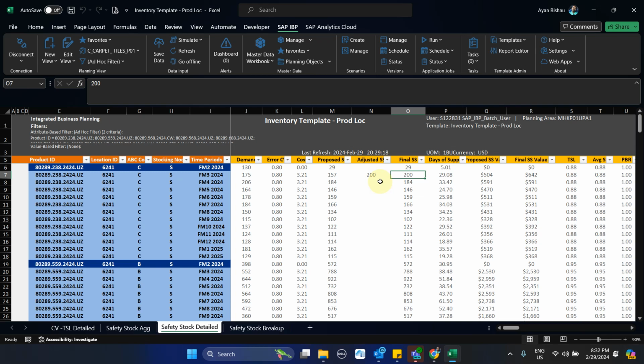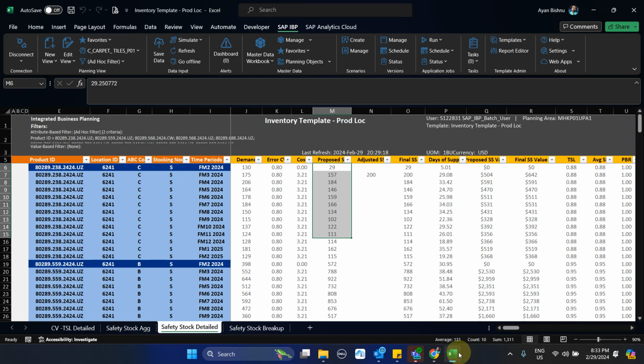Hence, the safety stock recommendation will not be on every week, but for each week it will be higher. So overall your safety stock will be low. With that said, we could see how the safety stock is getting generated based on the demand and the forecast variability.